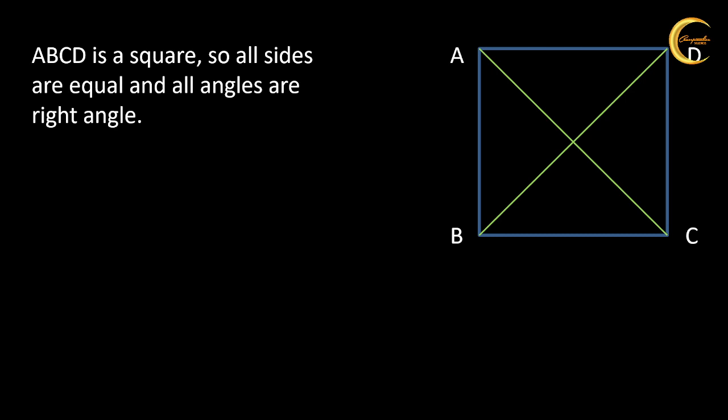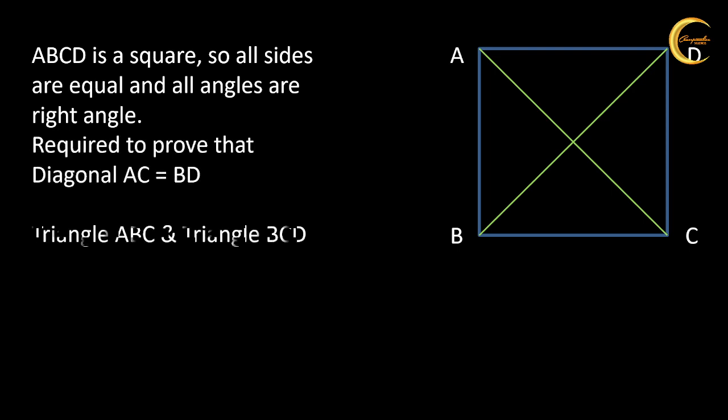Now we have to find two triangles and prove they are equal in all respects. The first triangle is ABC and the second triangle is BCD. Then we can easily prove that BD equals AC.